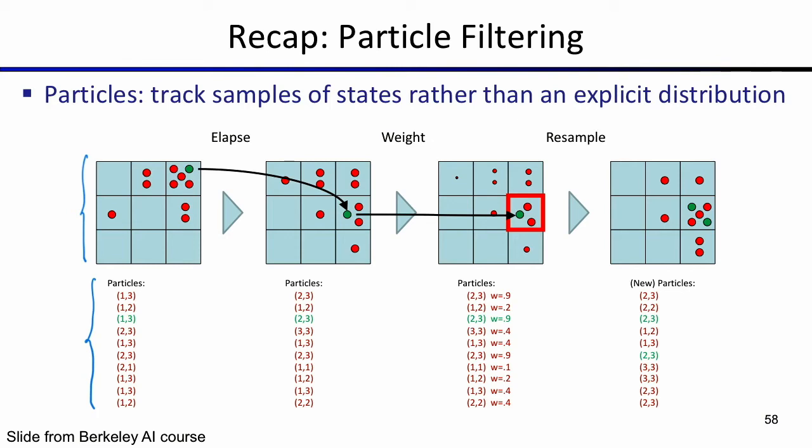In this case, the green particle comes from here to this position here, and I'm going to re-weight according to the emission. So if we observe that the most likely position of the robot is this position, the particles that are here will receive a higher probability, and the ones that are more distant will receive smaller and smaller probabilities.